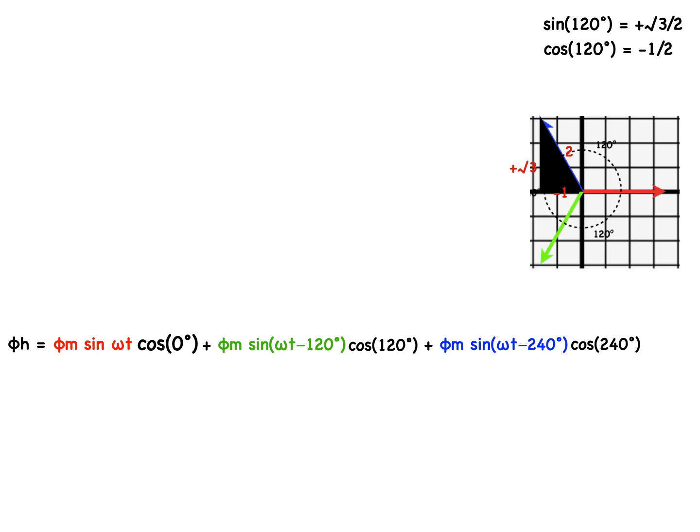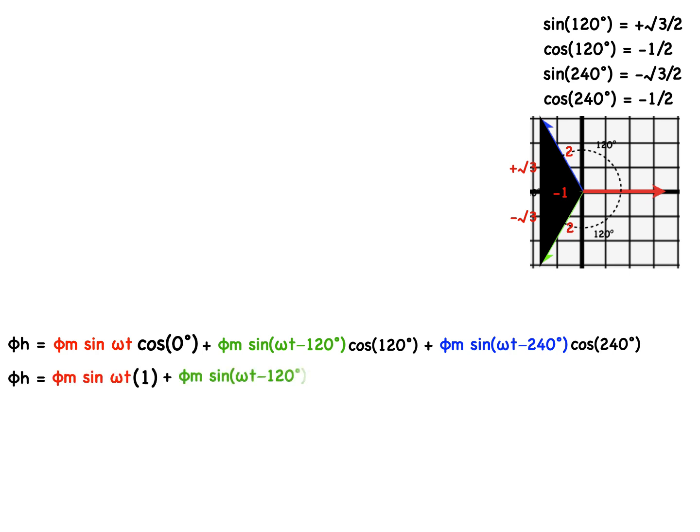And similarly, finding the sine and cosine of 240 degrees can be accomplished by again considering the ratios of the sides of a 30, 60, 90 triangle. Sine 240 degrees is going to be equal to minus root 3 over 2, and cos of 240 degrees is minus 1/2. Rewriting the equation using these ratios gives us this long equation.